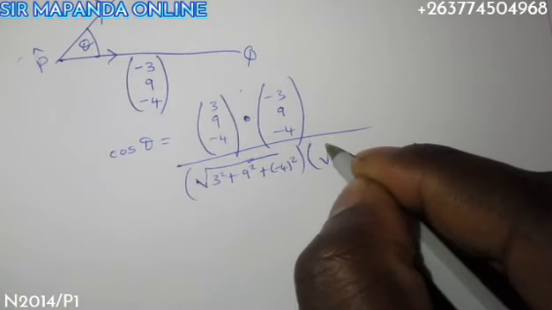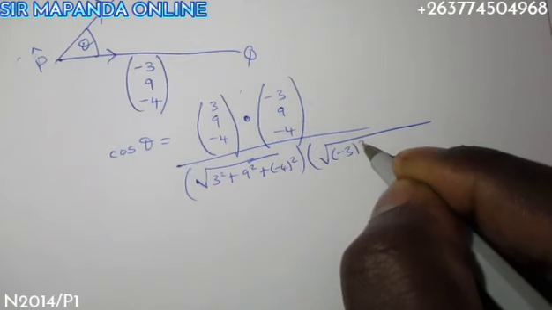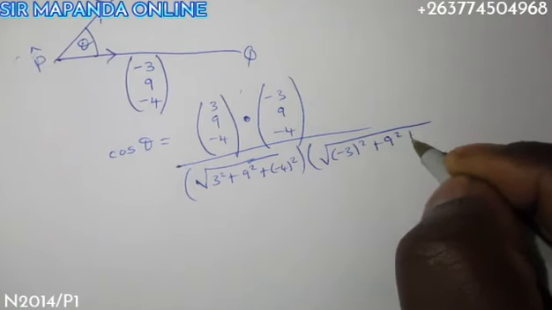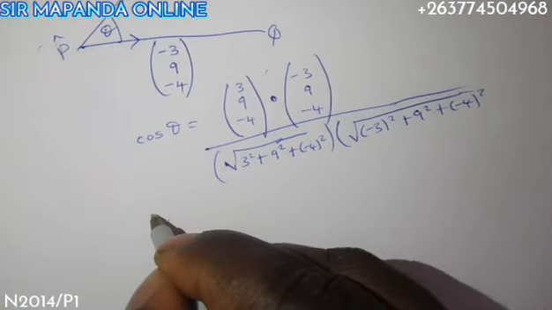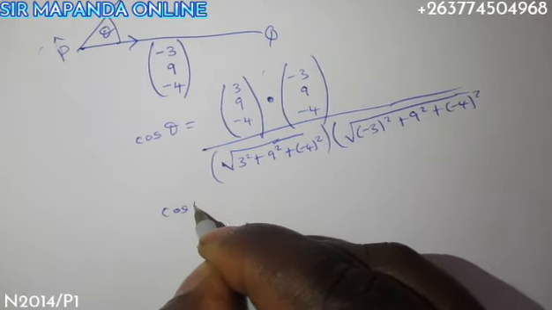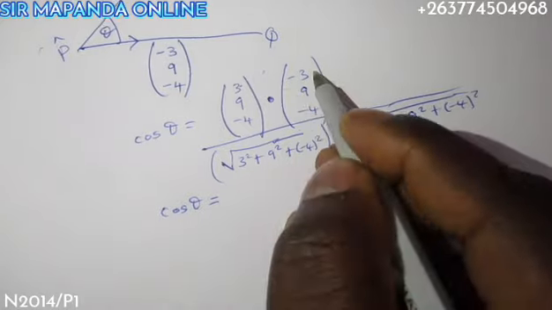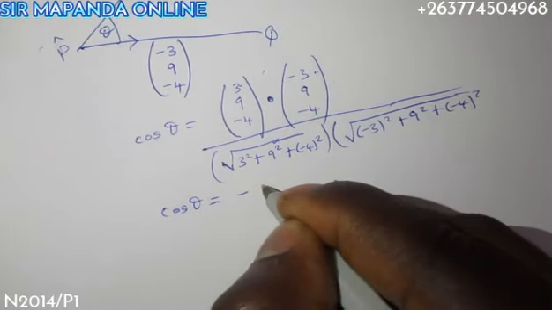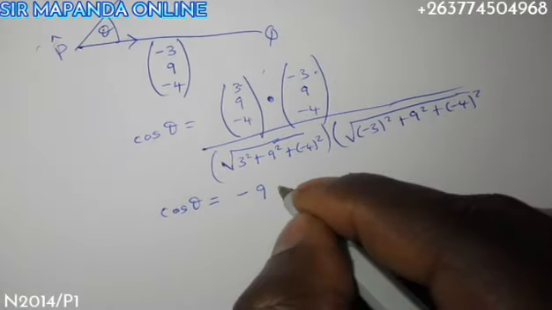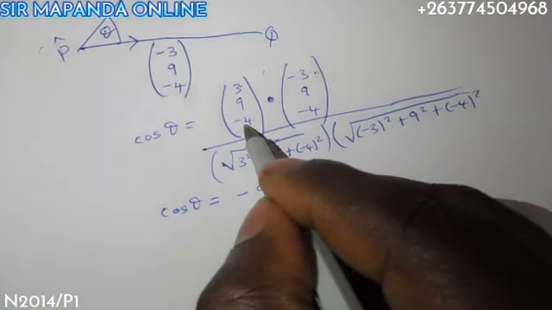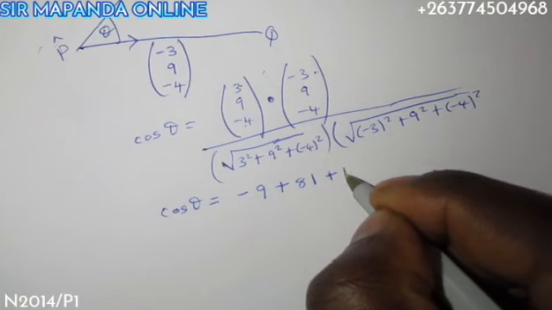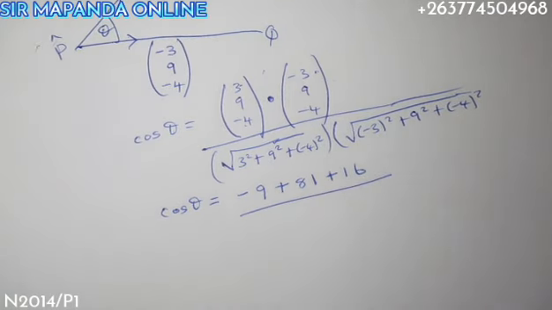And here you have minus 3 squared plus 9 squared plus minus 4 squared. So you are now writing cos theta is equal to 3 times minus 3, you get minus 9. 9 times 9 gives you 81. Minus 4 times minus 4, you get positive 16. I hope you are following, class.